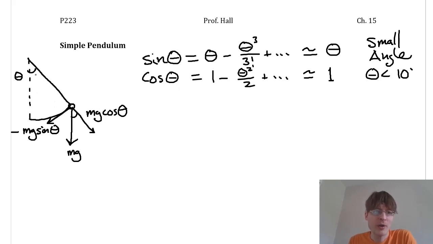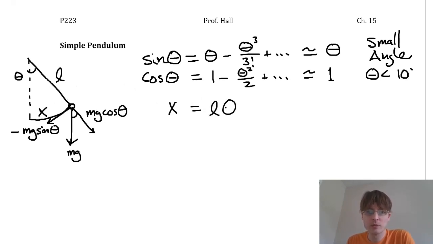In other words, when it's out at angle theta, what position is it at along the arc? Let me call that distance x. So we need the arc length equation, which is that x is equal to L, that's the radius, the length of the string, times theta. That's not any kind of small angle thing, that's just the length of an arc of a circle.